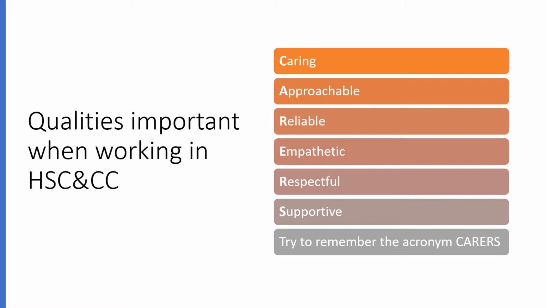You should be reliable, people must know that you are there for them when they need you. Empathic, so making sure that you are there to listen to them and their needs. You're respectful, so you treat everybody respectfully. You're polite, you're friendly, you're supportive is another one, making sure you're there to give them any advice and help that they require.